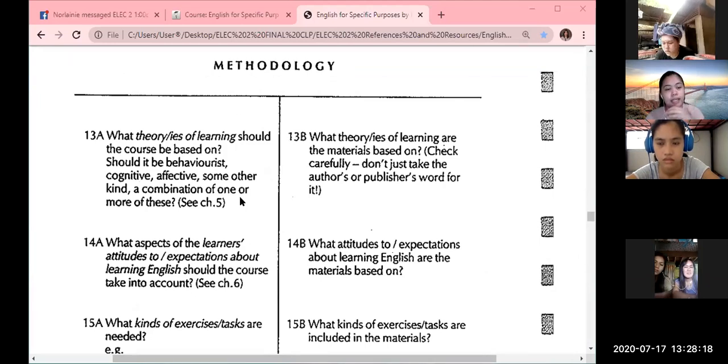Let's go back a little bit. The stages in making or teaching a course: first you make a syllabus or course design. Next, you choose your materials. Then you prepare your assessment, and then you execute and apply everything. So here we are on the stage where we decide on the materials you are going to use.